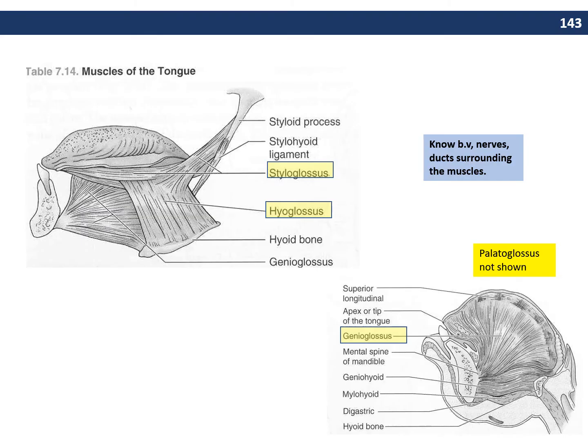As we begin to talk a bit about the submandibular area and the tongue, there are intrinsic muscles of the tongue that go in three directions.